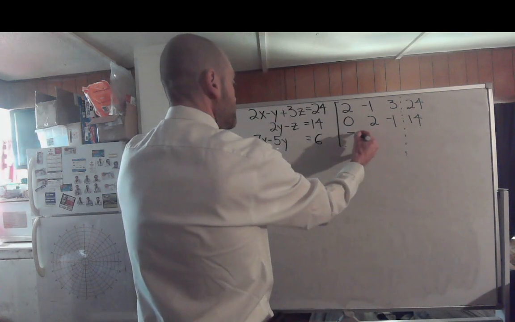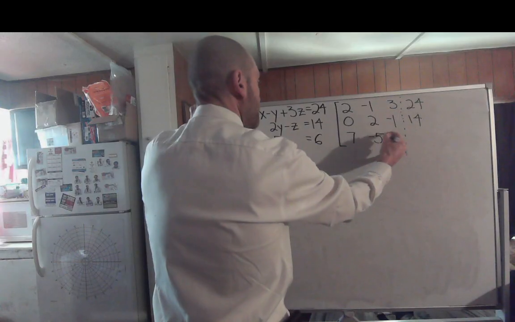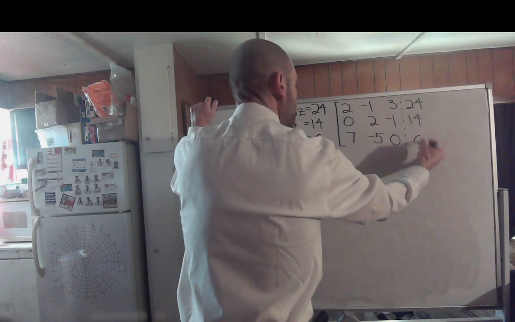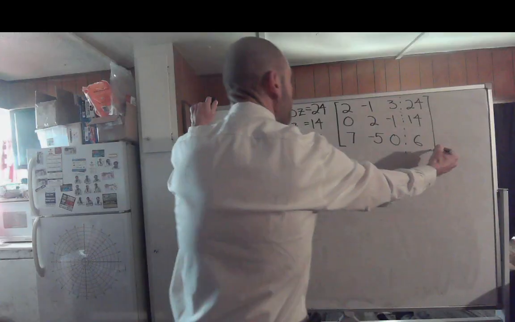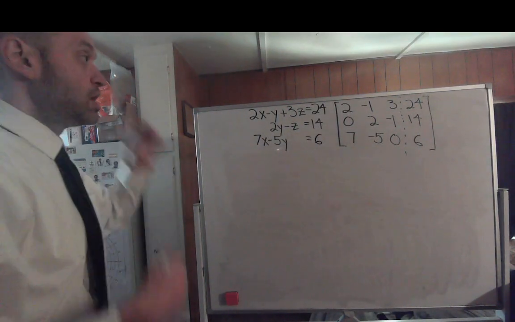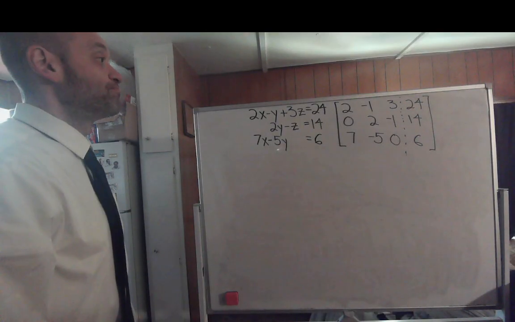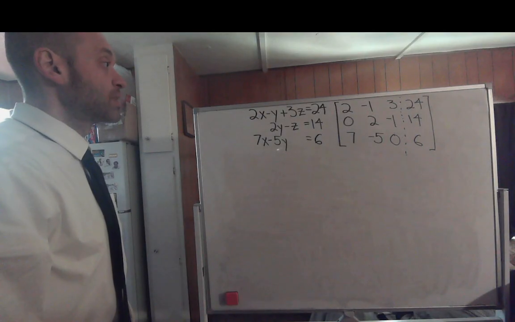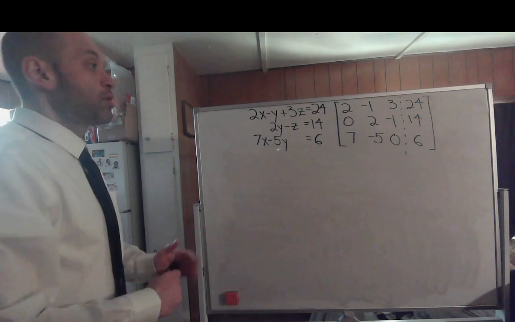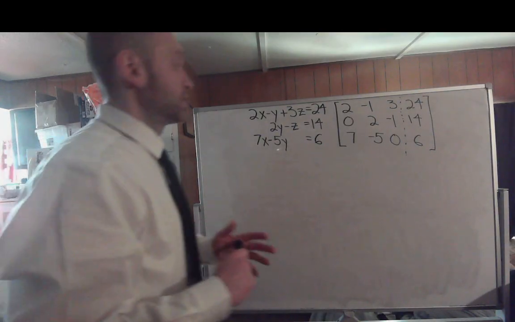And then you'll have 7, negative 5, 0, and 6. So we have a bit of a mess here, don't we? Well, how are we going to approach something like this?